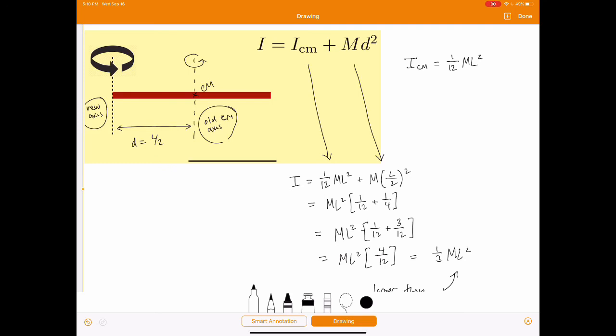So the new axis will have a higher moment of inertia. Take any kind of object that you see lying around that has this shape. If you try to rotate it about the center, and then you try again to rotate it about the end, it's much easier to rotate it about the center.